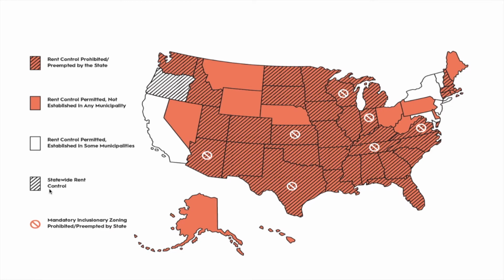If it's a white state with the diagonal lines, like Oregon here specifically, it means that they implement statewide rent control. So, in other words, the states that are filled in with white on this map have some level of rent control. The states that are filled in with orange really don't use rent control.